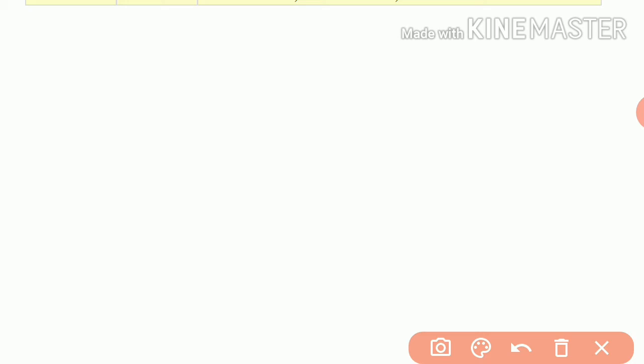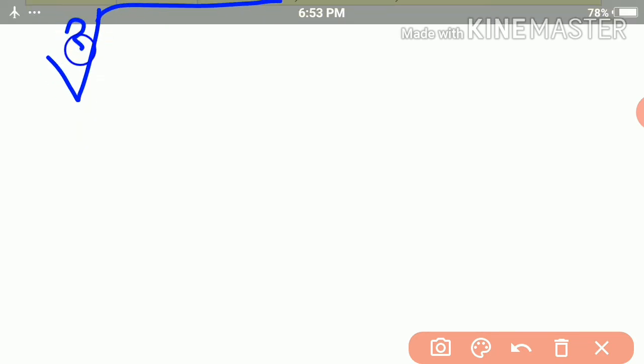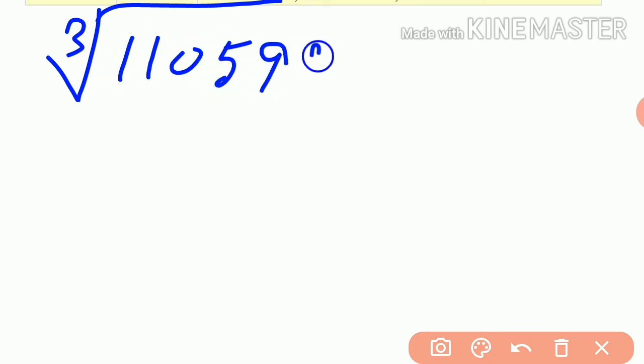And similarly, find the second question. Find the cube root of this number, 110592. What will be the cube root of this number?